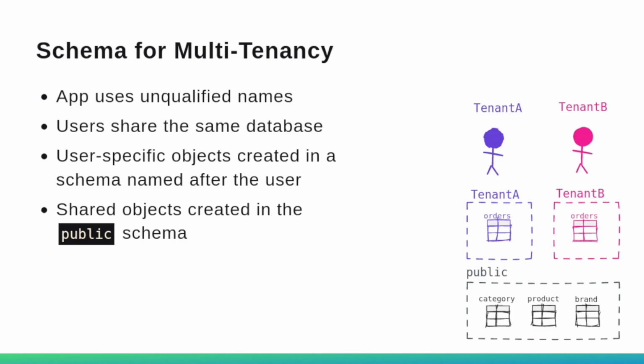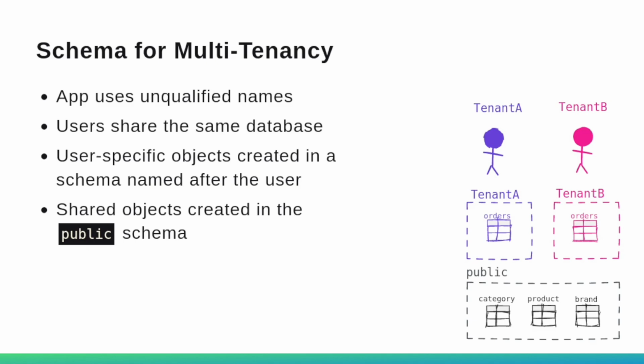This way, when tenant A connects to the database with the user tenant A and selects star from orders, the database is going to query the tenant A orders table. When tenant B does the same, the database is going to resolve the name orders to the orders table in tenant B's schema.